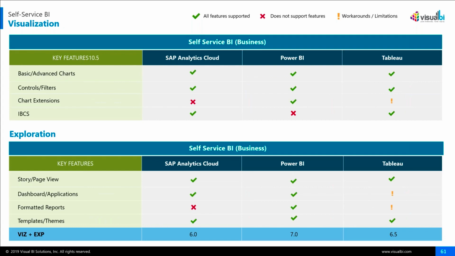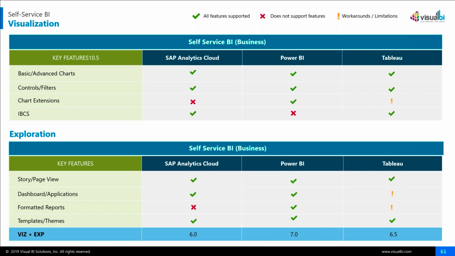I think this is a very important slide. We just condensed it. So if you do a comparison, Power BI is the one that is providing you the capability to do storyboards, dashboards, formatted reports, maybe even templates through Power BI apps and template apps. They are there. It's fully there. The only thing it is missing is native IBCS charts.